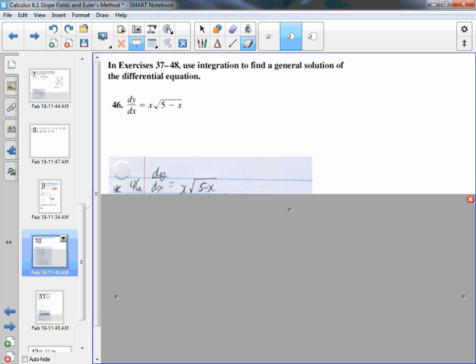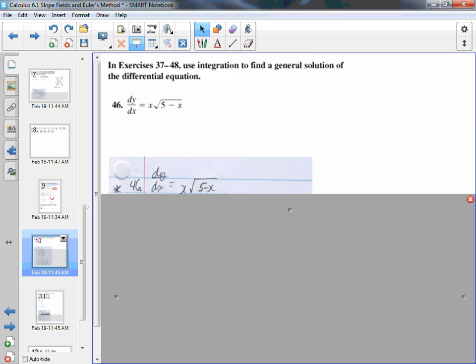It says, use integration to find a general solution of the differential equation. Now, this is more like what we've done in the past. Okay? So we're given a differential equation. It's called that because there's a derivative in it. So dy dx equals x times the square root of 5 minus x.